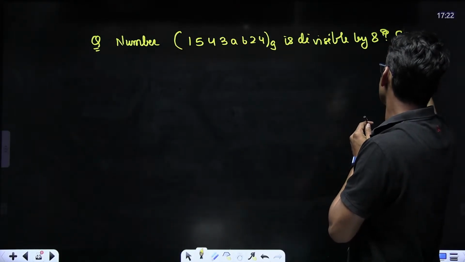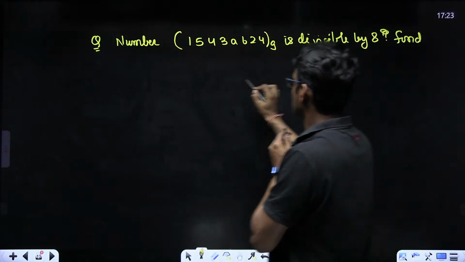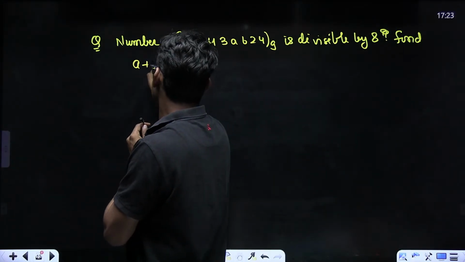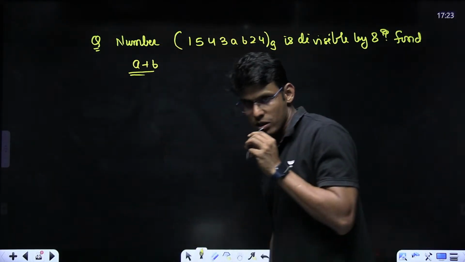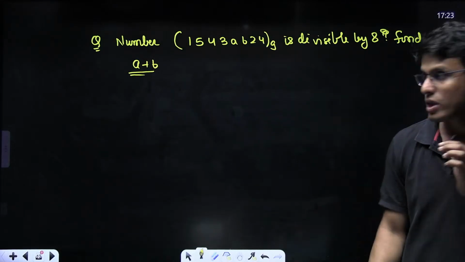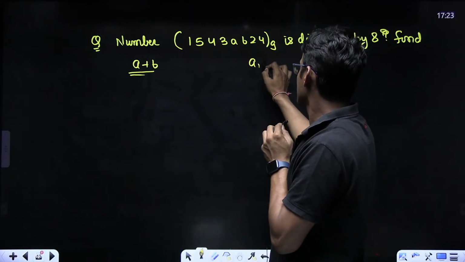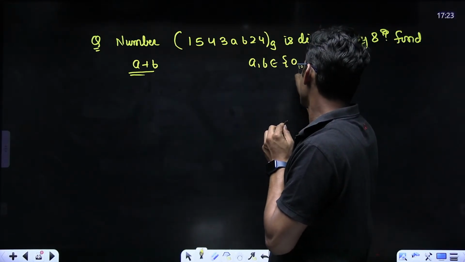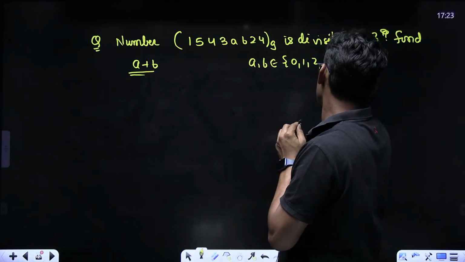Find A plus B. Obviously, A and B belong to 0 to 8.